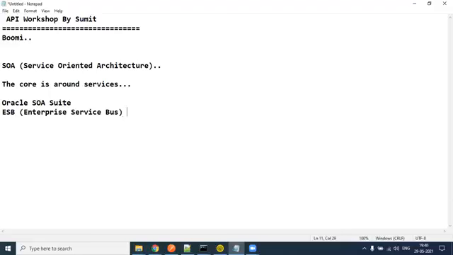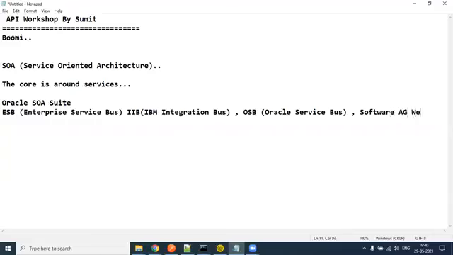Examples are IIB, which is IBM Integration Bus, then OSB, which is Oracle Service Bus, then Software AG webMethods. All these ESBs have service oriented architecture at their core.